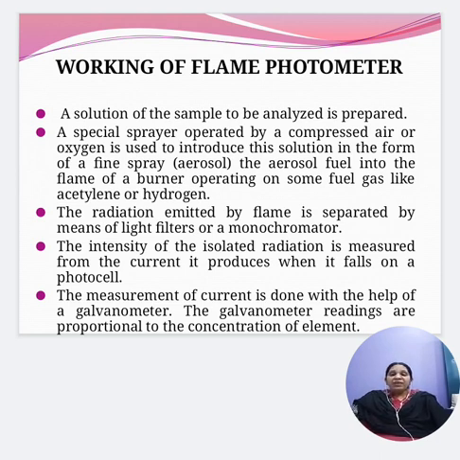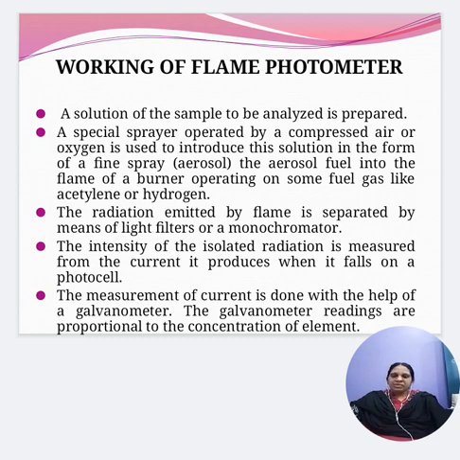When the sample begins to burn in the flame, it emits radiation. The radiation emitted by the flame is separated by means of light filters or a monochromator. You can use an interference filter or a monochromator, which is a prism in this case. The intensity of the isolated radiation is measured when it falls on the photodetector, where it is converted into photocurrent.